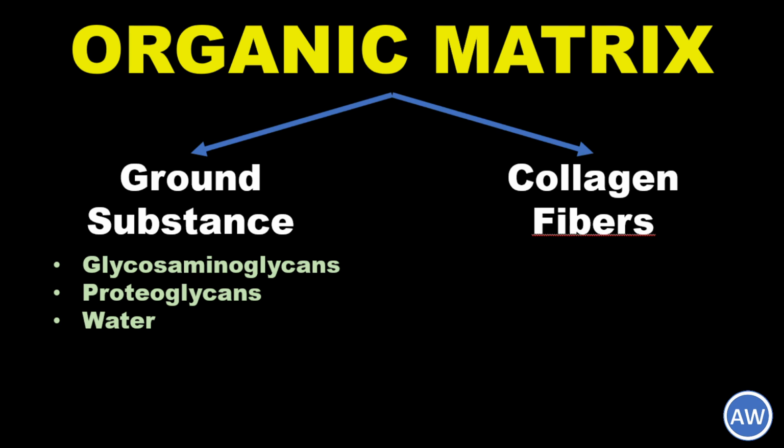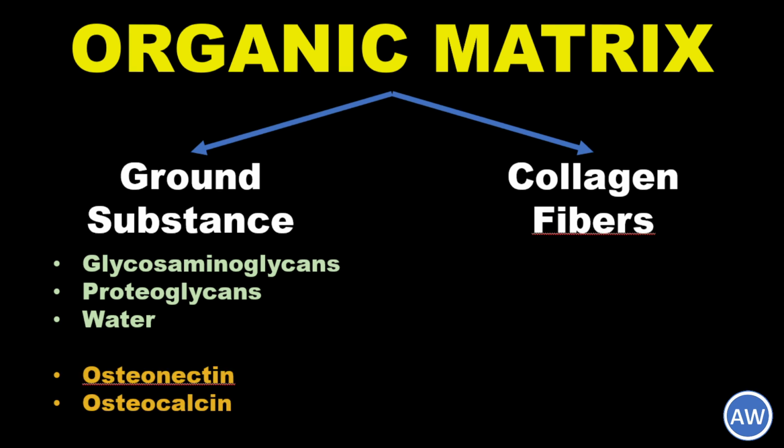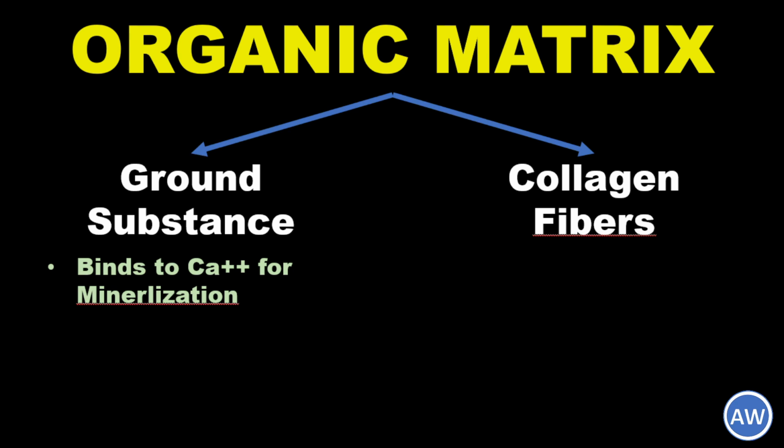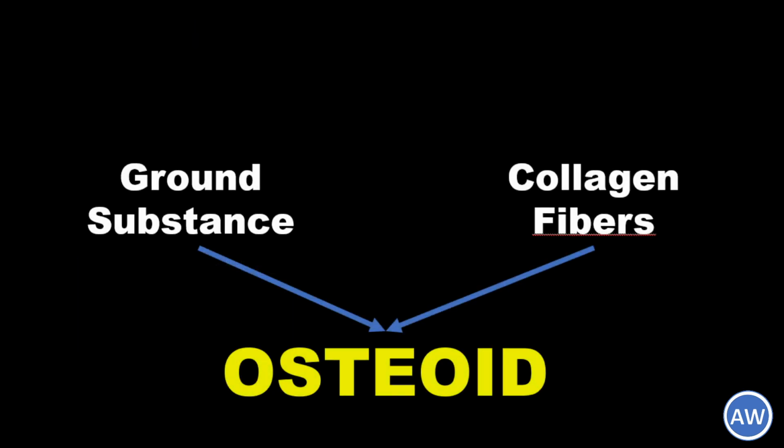Two special glycoproteins, osteonectin and osteocalcin, are present in large quantity. Many a time referred to as osteoid collagen, the collagen fibers are very similar to those found in general connective tissue. The collagen present here is the type 1 collagen fiber. These ground substances bind readily to the calcium ions and therefore play an important role in mineralization of the bone. Together, the organic matrix and the collagen fibers are many a time referred to as osteoid.